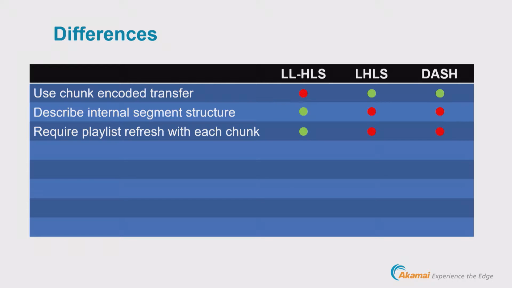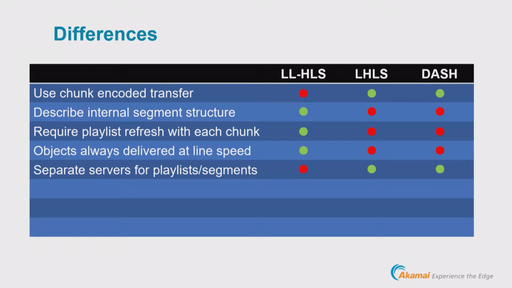Do you require a playlist refresh with each chunk? On the Apple side, you do. It's part of making that description available. The other solutions do not. Object always delivered at line speed: the Apple chunks are delivered at line speed, and therefore you can measure that download. With the other solutions, they are not delivered at line speed. They're delivered at the speed at which they're being encoded. Can you separate the server for the playlists and the segments? Because of the H2 push requirement on the Apple side, they're both bound to the same edge server, but for the other solutions, they can be decoupled.